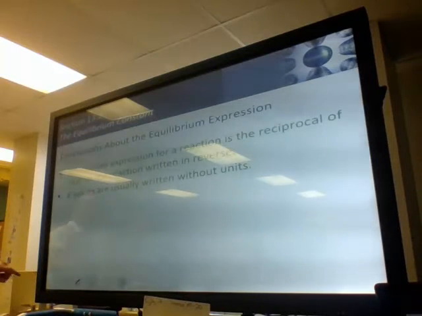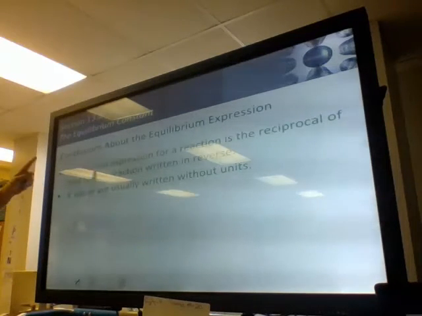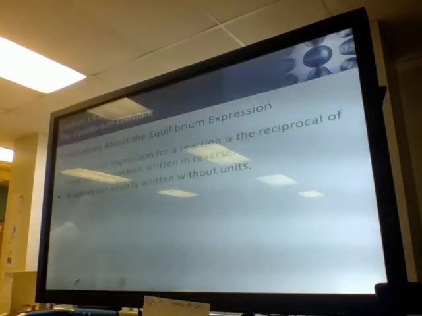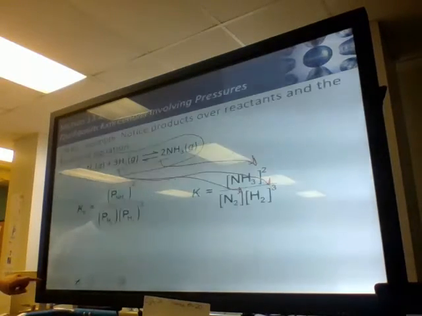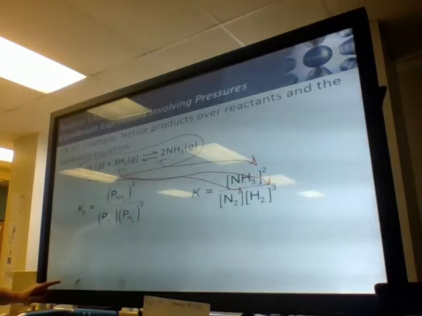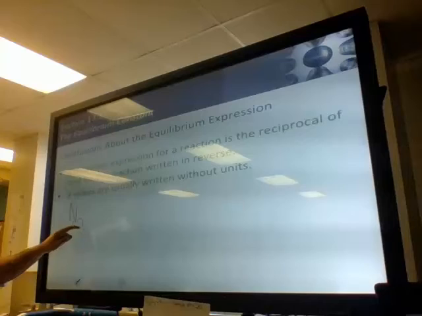And this is the other way that they try to trick you: the equilibrium expression for the reverse reaction is the reciprocal of that of the reaction written in reverse. K values are usually written without units. So no units.